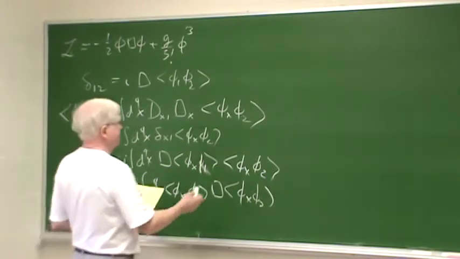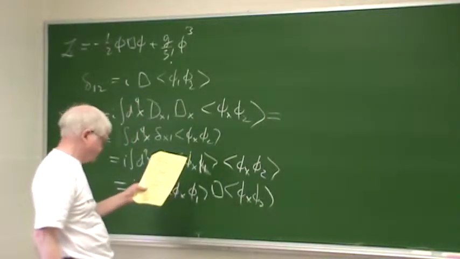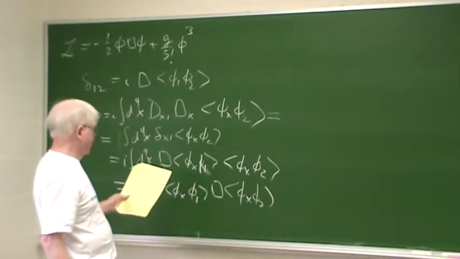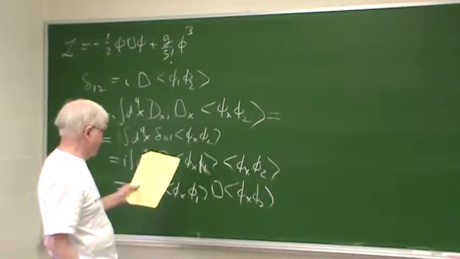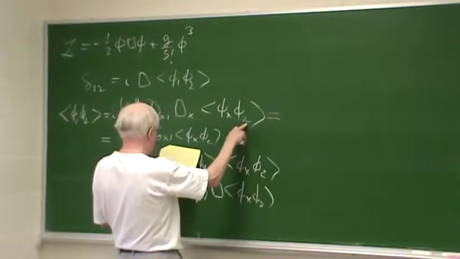All right, anyway, so let's go back to what was the top line in my notes. We've already expressed <phi(x) phi_2>.